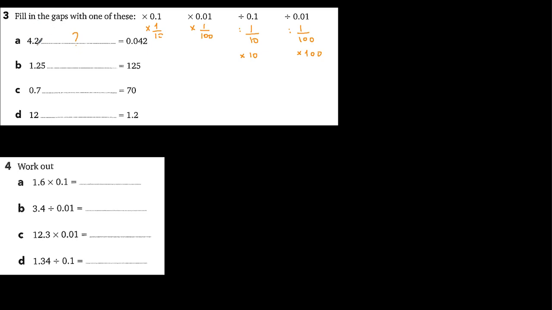So actually here I'm dividing by 100 because the decimal point was here, and here 1 unit, 2 units to the left side it moved, and the answer becomes 0.042. In which case I'm dividing by 100. Let's see here. I'm dividing by 10, I'm dividing by 100, I'm multiplying by 10, I'm multiplying by 100.